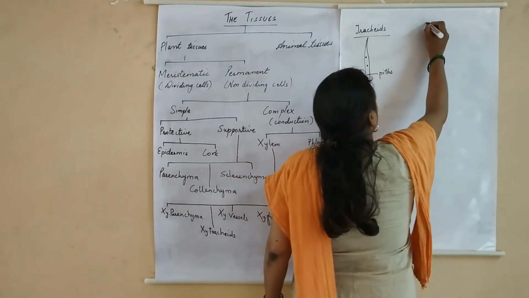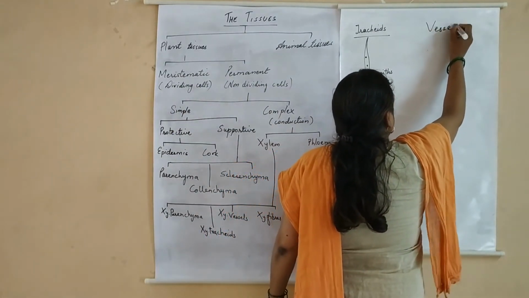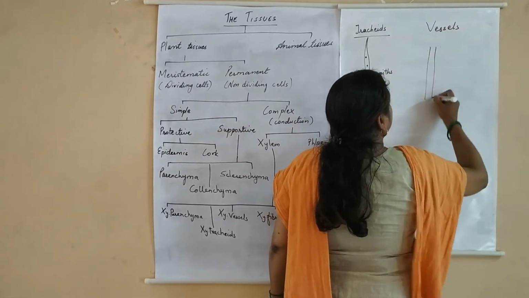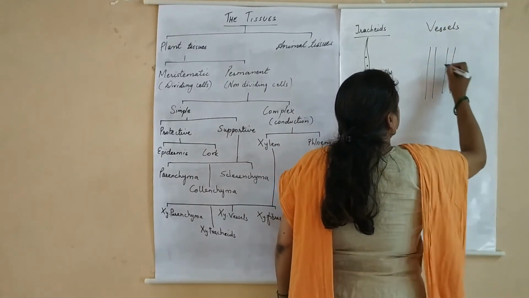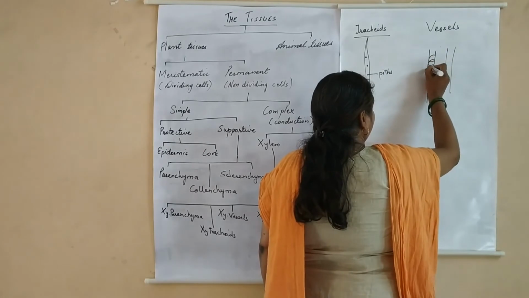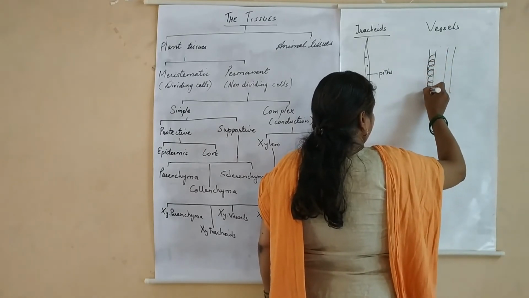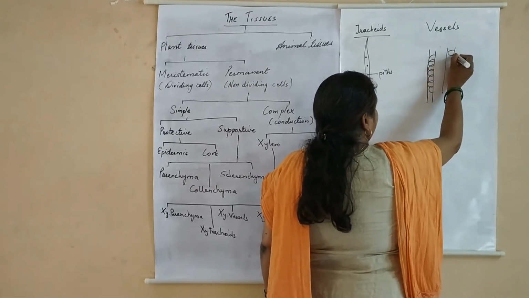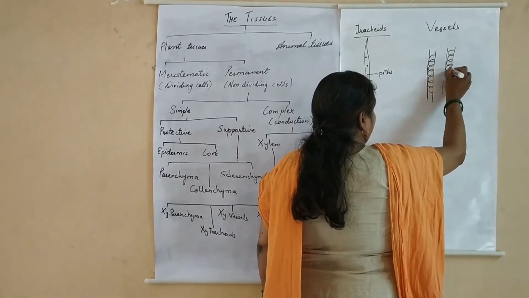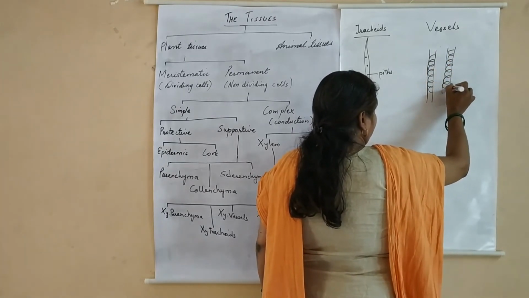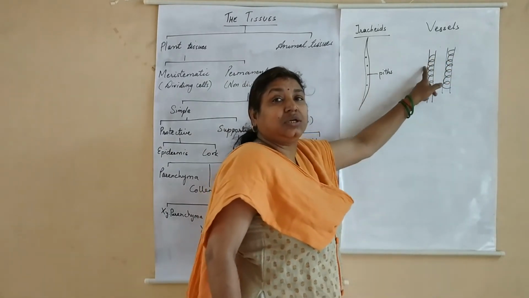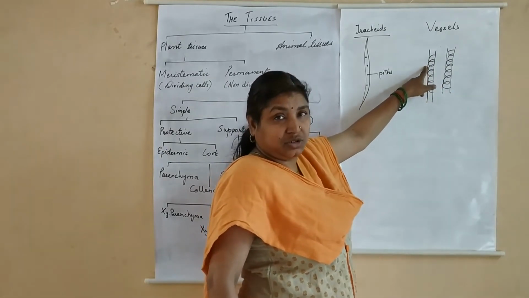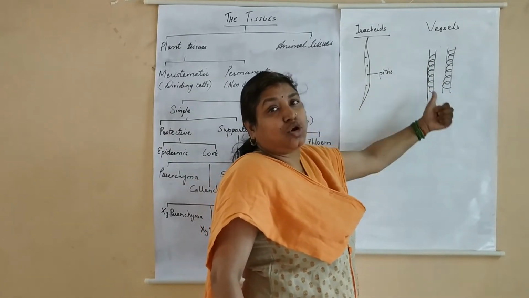Coming to vessels. Vessels are available in different shapes and sizes. The spiral shape that you see is nothing but the lignification to make it strong.